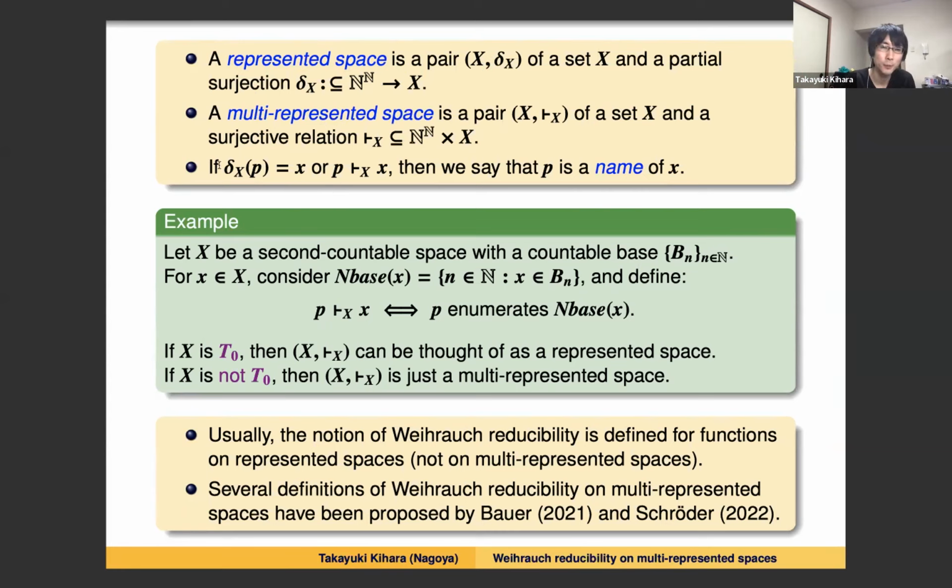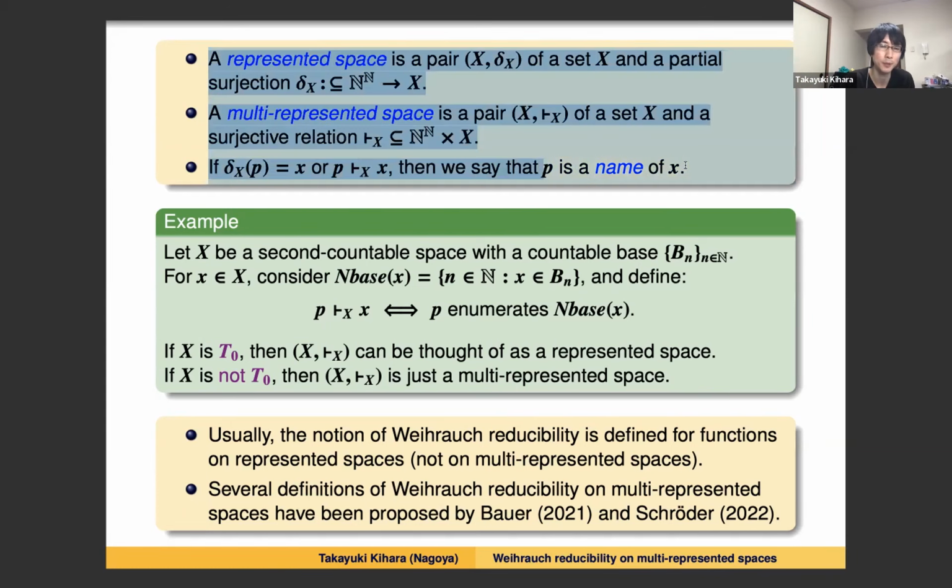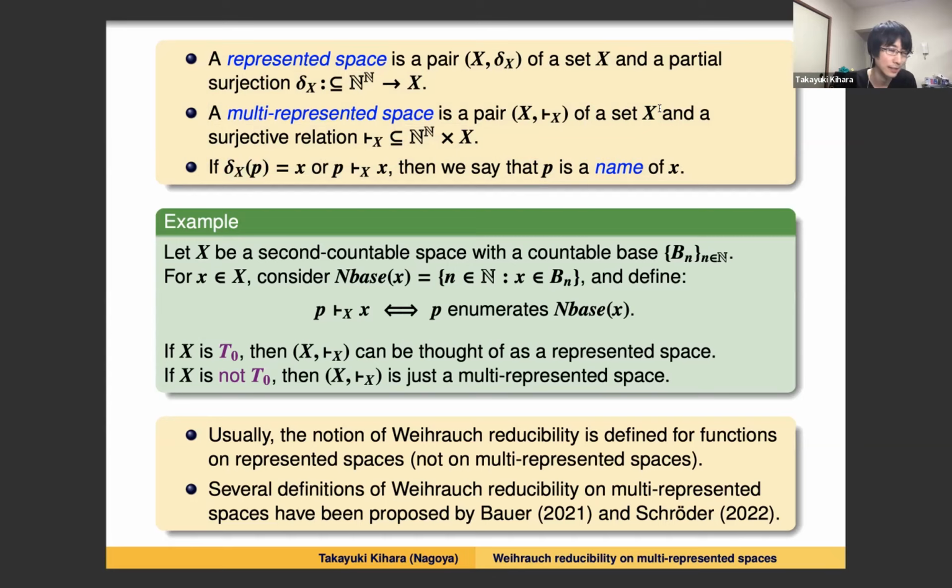Basically, if we write delta(p) = x, then this means that p is a name of x, or p is a code of x. But in this talk, we want to consider a multi-represented space. This is a pair of a set and a surjective relation. A surjective relation is the same as a surjective multifunction, so it is basically a multivalued version of a partial surjection.